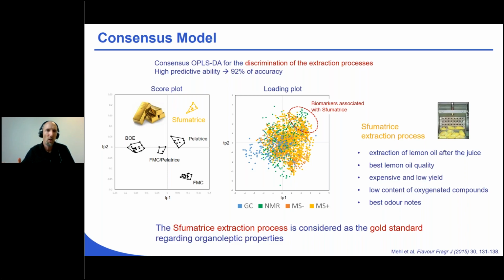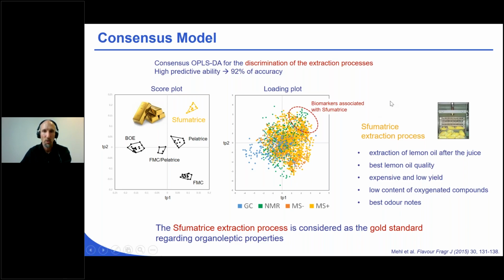And since all the data are projected in the same subspace, it's then, I would not say easy, but manageable to extract signals from the different blocks that are located in the same position in the model, and that are characteristic of this spumatrice high quality lemonoids.